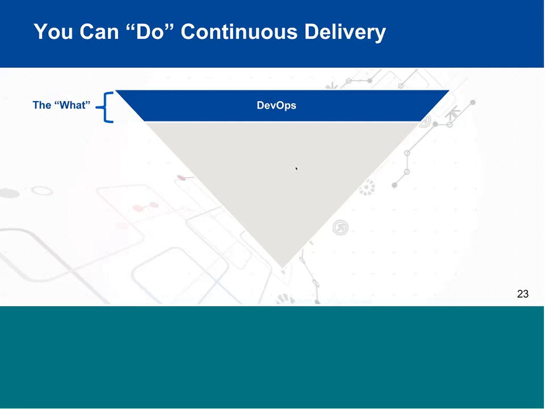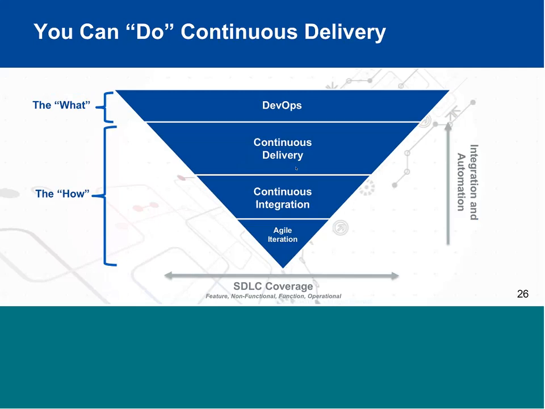So I also like to say, in saying you can't do DevOps, I tend to classify DevOps as the what. It's what we want to achieve, our goal of quality software fast. But to get to the what, we have to build up the how we achieve DevOps.